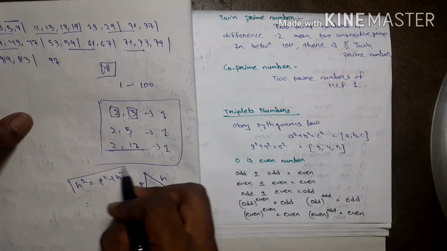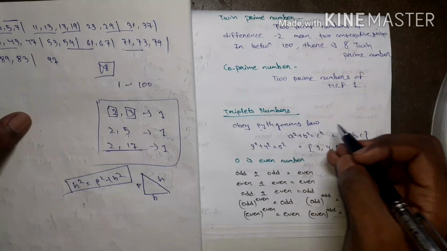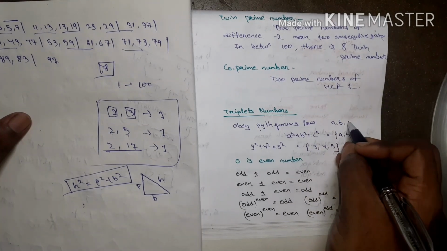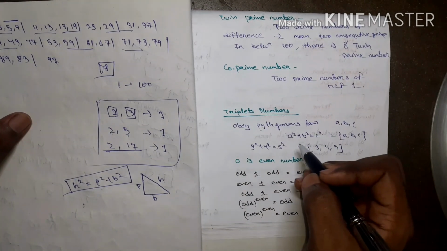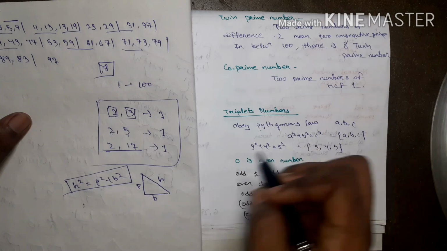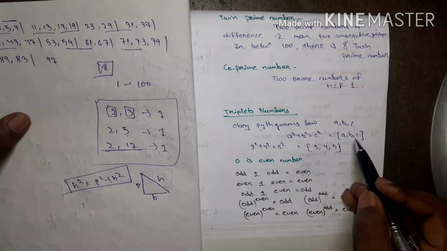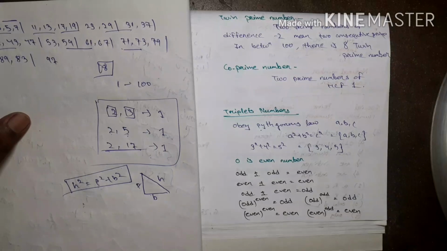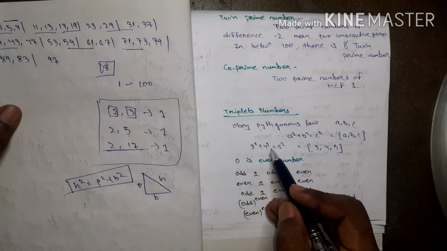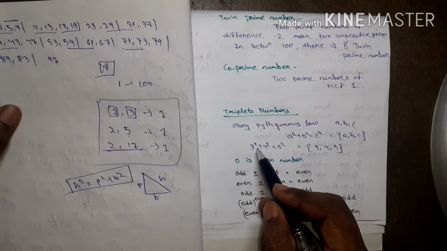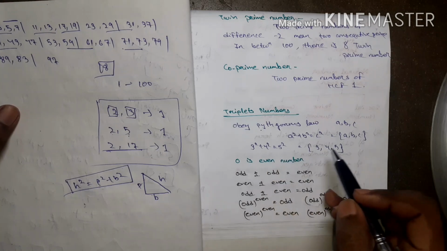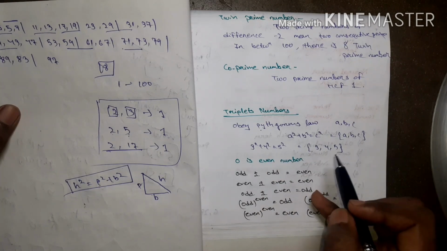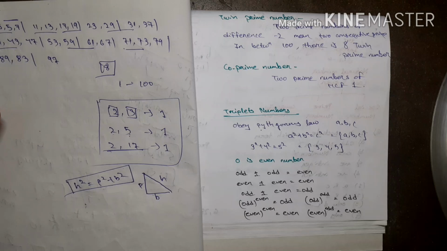If any three numbers A, B, C obey the Pythagoras law, that is, A square plus B square equals C square, then A, B, C are triplets of numbers. 3 square plus 4 square equals 5 square. That means 3, 4, 5 is a triplet.